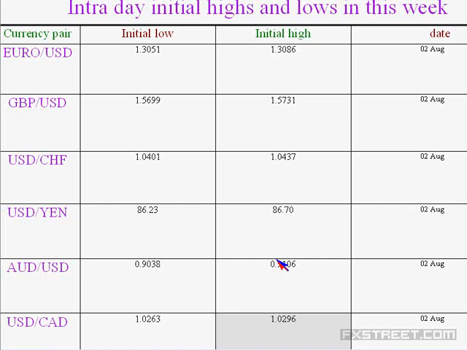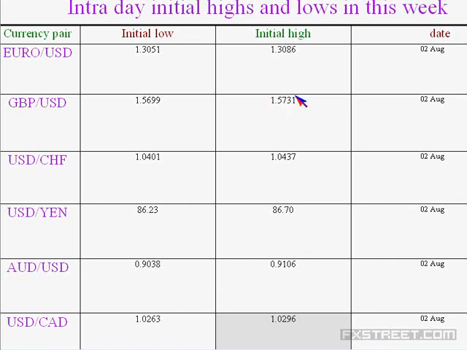So here you come across that they formed the high about 25 pips, and subsequently they are holding around 0.9116, just 10 pips above the initial high. Once it starts coming below the initial high, then you will find further dropping.